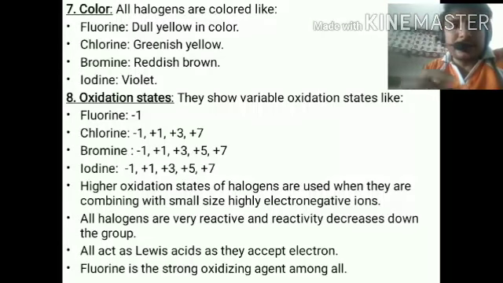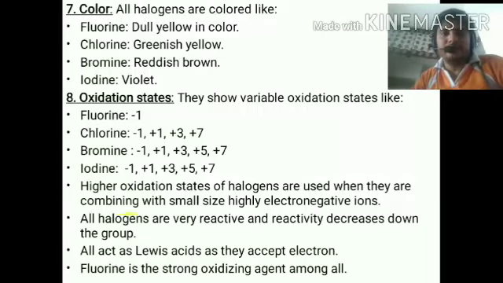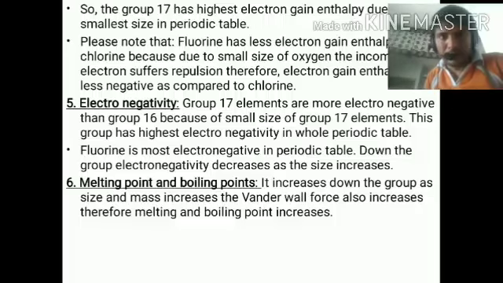Higher oxidation states of halogens are used when they are combined with small-size, highly electronegative ions. All the halogens are very reactive, and the reactivity decreases down the group. All act as Lewis acids because they gain electrons, and Lewis bases are those compounds which donate electrons. So halogens are Lewis acids because they accept electrons. Fluorine is the strongest oxidizing agent among all.